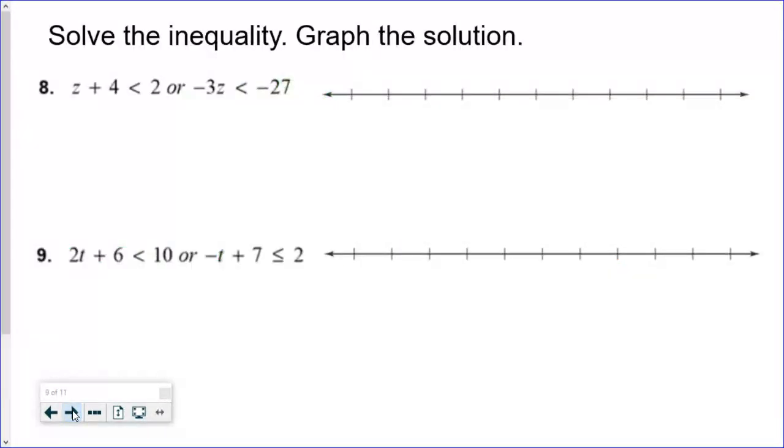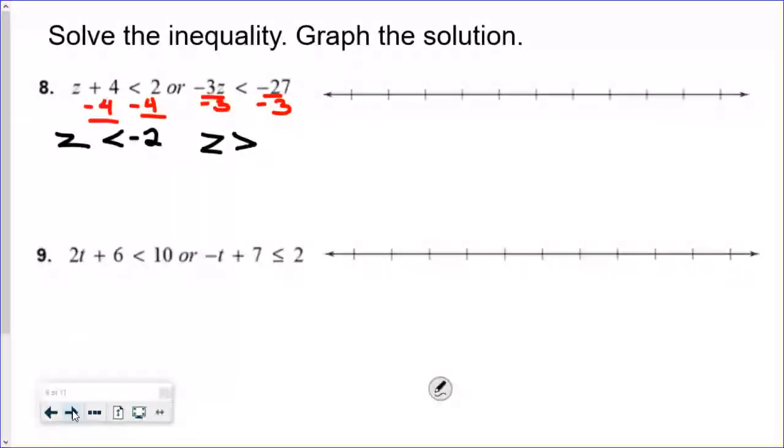Okay, here we go. Now we're going to solve and graph. The first thing you're going to do here is subtract 4, so I get Z is less than -2. For this one, I'm dividing by a -3. Remember, when you divide by a negative, you must flip the sign. That becomes Z is greater than or equal to 9, and you should have the word or in the middle.